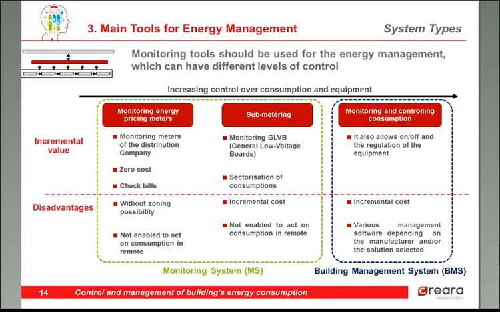Energy management tools can also be classified depending on the degree of control they provide over equipment. We have depicted these three groups: monitoring energy meters, sub-metering, or monitoring and controlling. The first one would be the monitoring energy meters.